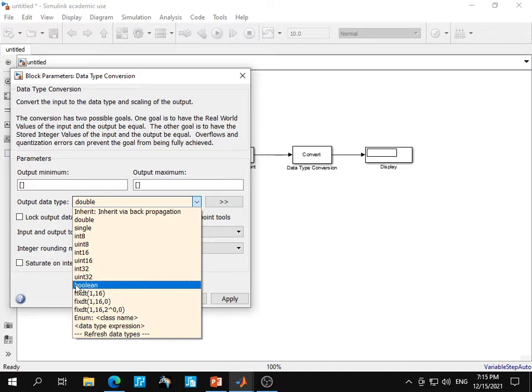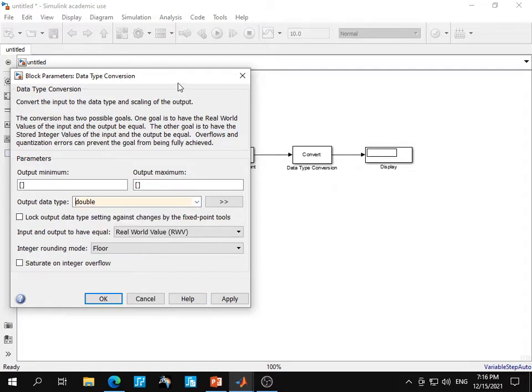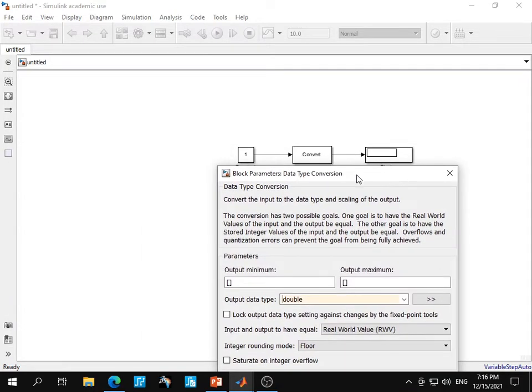And finally, you have this boolean, which means the data only consists of 1 or 0, which is just like the logical array which we learned in MATLAB.